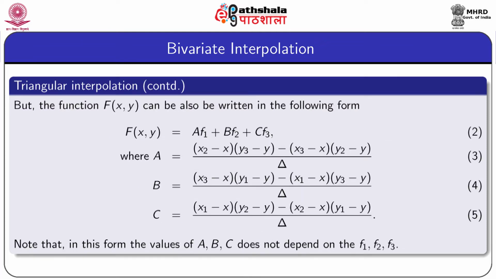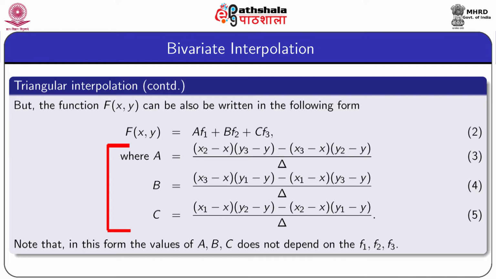The approximate function capital F of x y can be written in the following form: capital F of x y equal to capital A into f1 plus capital B into f2 plus capital C into f3. This is the rearranged form of the function capital F of x y, where capital A is equal to (x2 minus x) into (y3 minus y) minus (x3 minus x) into (y2 minus y), whole divided by delta.